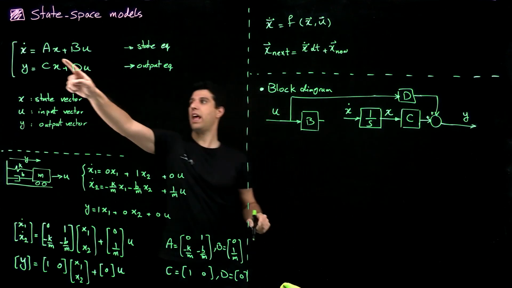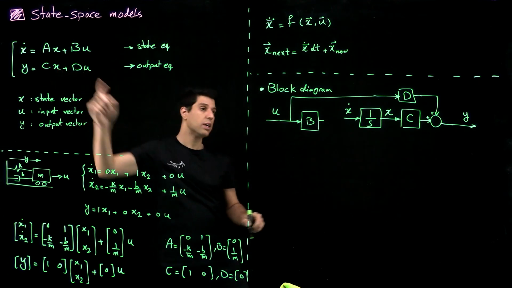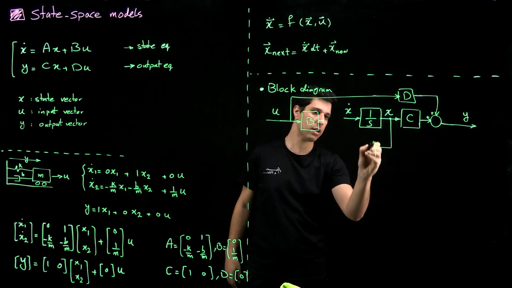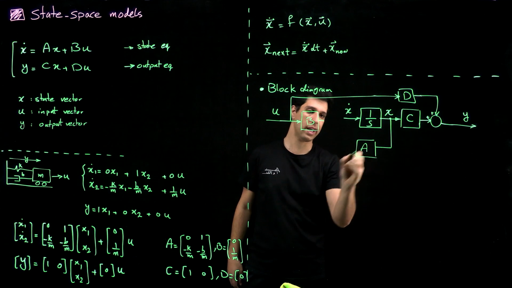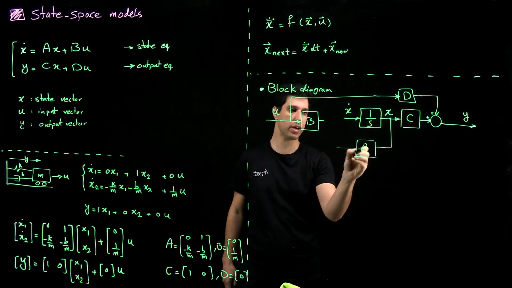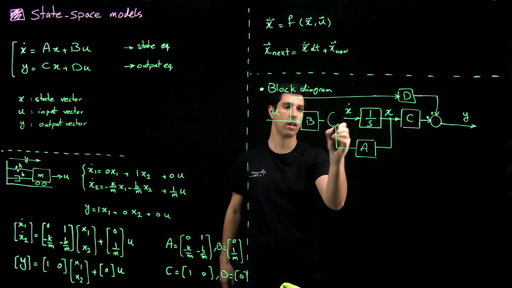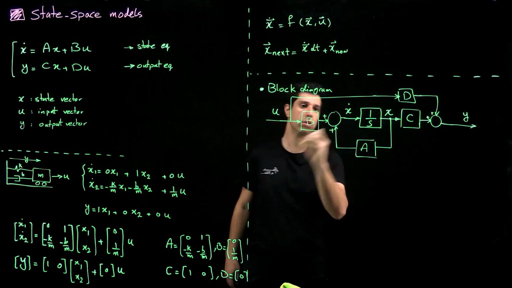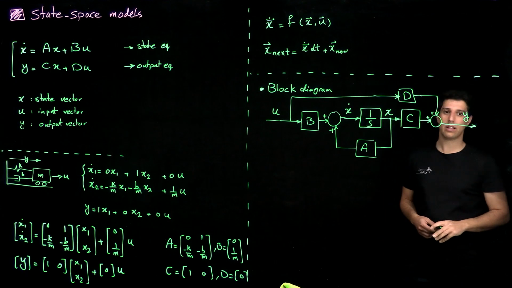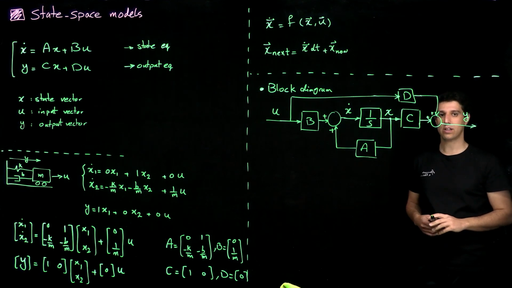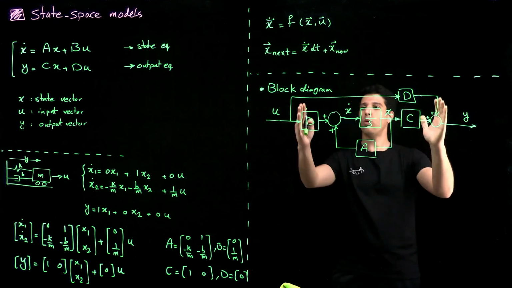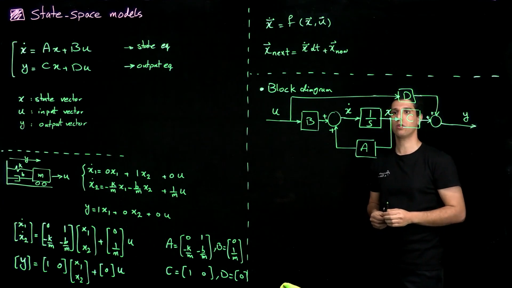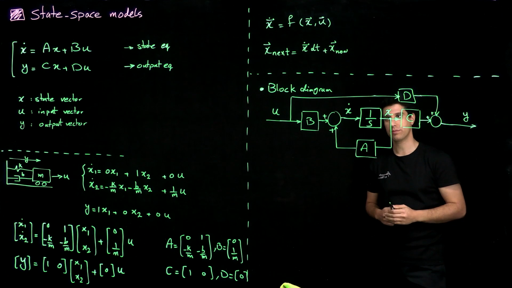I also need Ax, but I have x already, so I can take this here, multiply by an A. This is my Ax that I can add to Bu to finally get the x dot. So this whole thing is the transfer function that we were working with before.